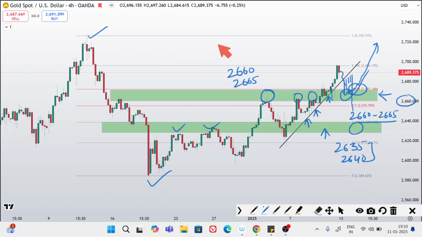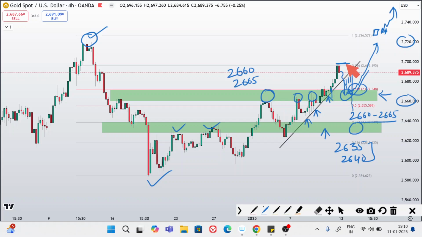Also, if you want to buy at a higher price, then I think we have to wait for a breakout on this level, and if price sustains and stays above this level for like 1 day or 2 days, then this is also going to add a confirmation to the higher side.